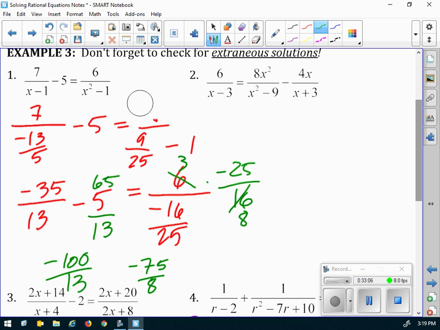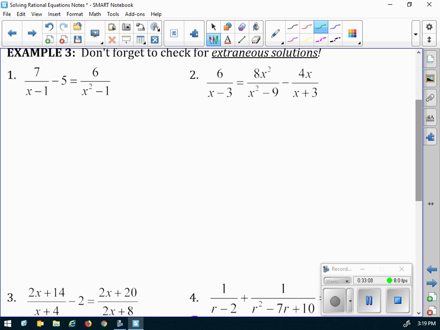What did I do wrong? 7 divided by negative 3/5 minus 1, minus 5. That's negative 8/5.